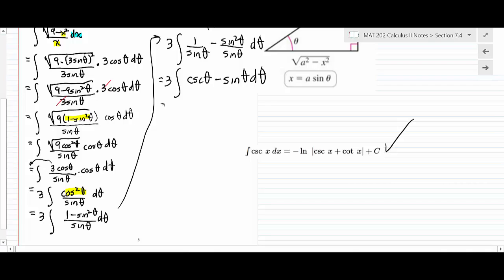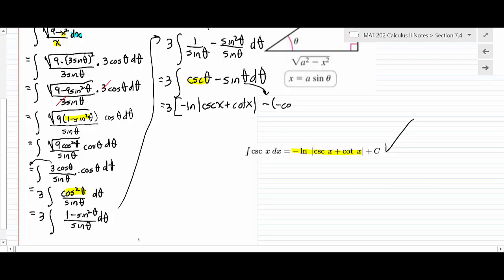Okay, let's write the 3 down, and let's apply this formula. The integral of the cosecant, you can just replace it with that. So that's going to be equal to negative ln of cosecant x plus cotangent x, like that. And then the integral of the sine is the negative cosine.